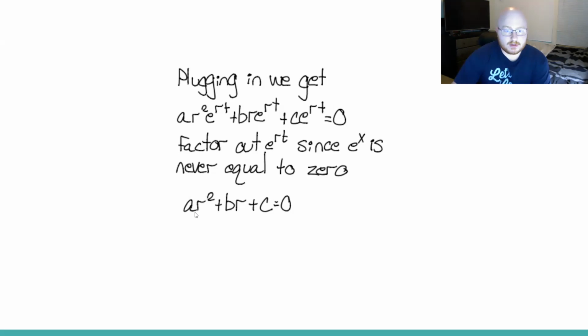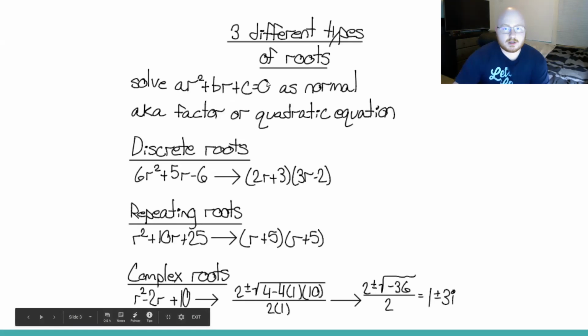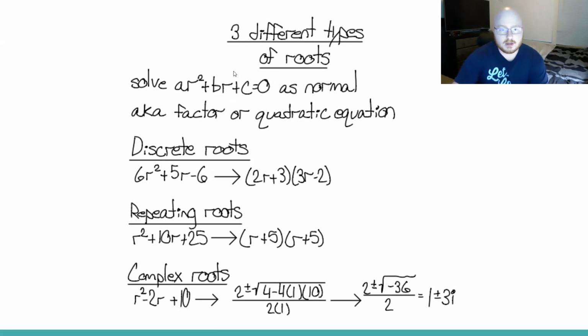You're left with a r squared plus br plus c equals 0. Next we get to the three different types of roots that you can get once you boil down your original second order differential equation to this.